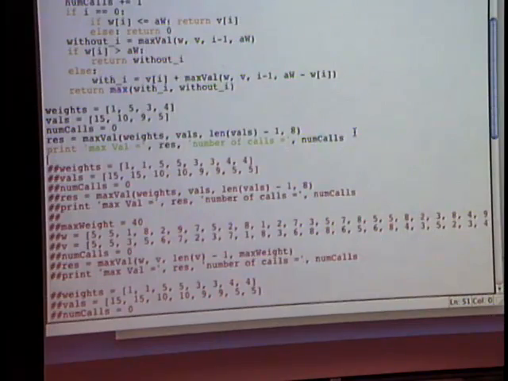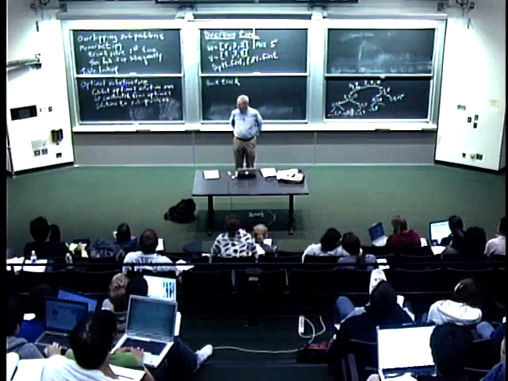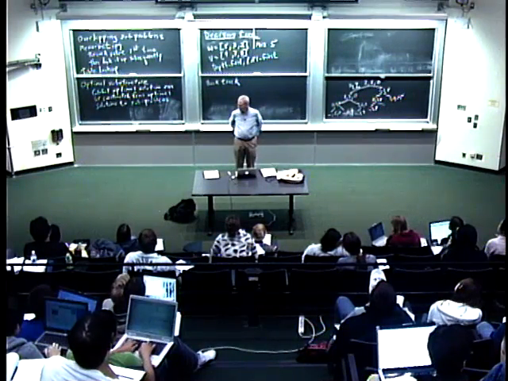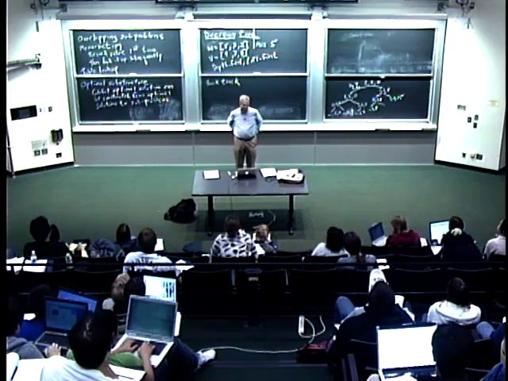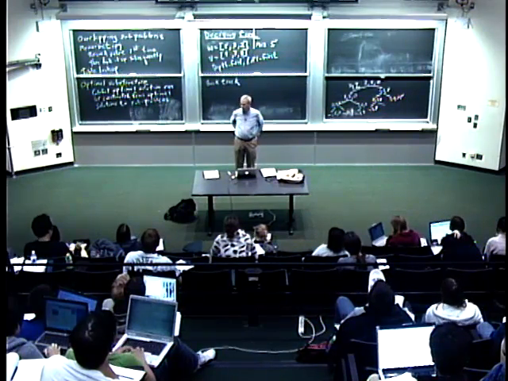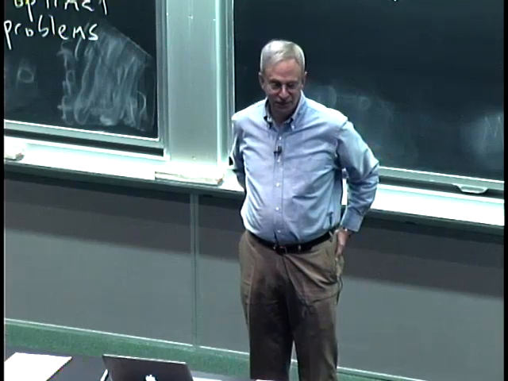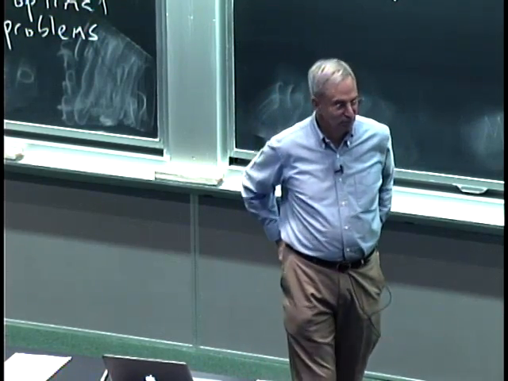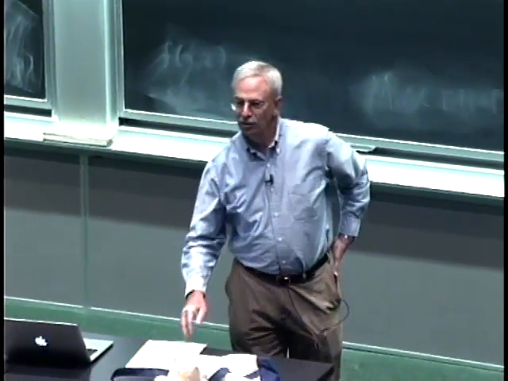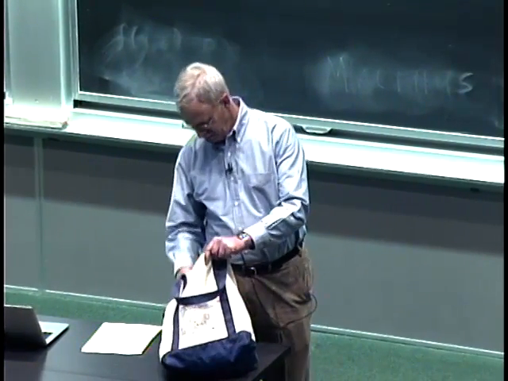And I'm going to pause for a minute before I run it and ask each of you to compute in your head what you think the answer should be. This is in line with what I said about debugging. Always guess before you run your program what you think it's going to do. And I'm going to wait until somebody raises their hand and gives me an answer.